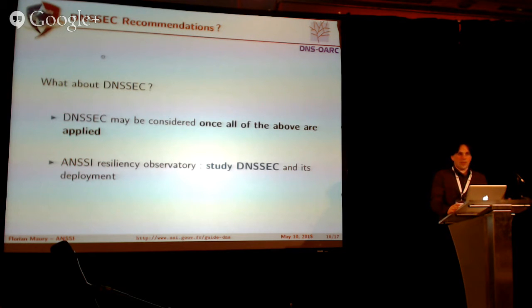DNSSEC is quite involving, and the other recommendations are quite easy to implement, and they are not implemented by some operators. So first have that implemented, and then you can consider DNSSEC. And we have other documents produced by ANSSI, for instance, by the Resilience Observatory that I've talked about before, that tell people to study DNSSEC and its deployment and deploy it eventually.